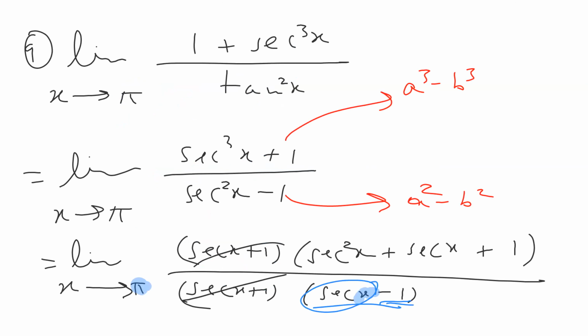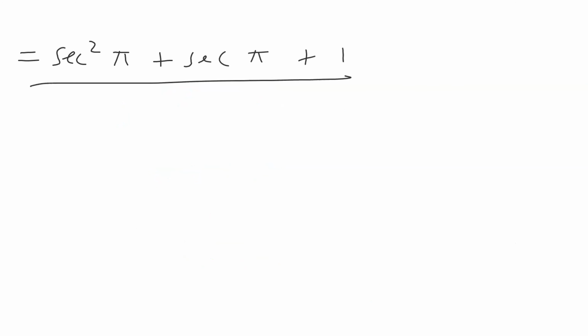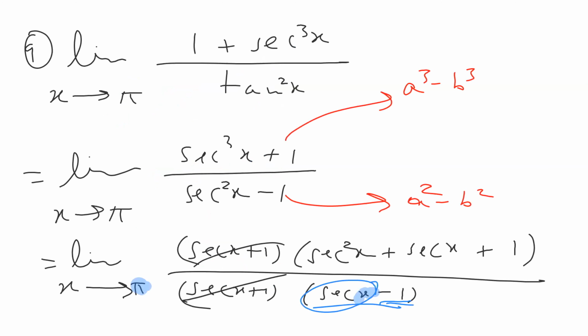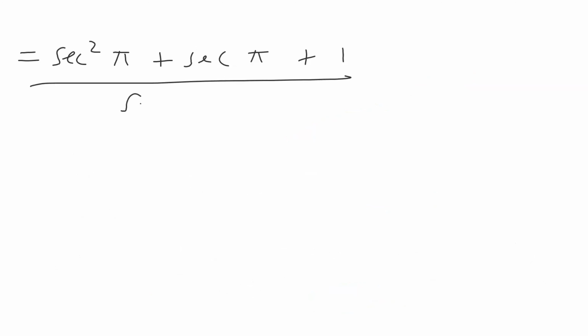So let's put the value of x as pi everywhere. So sec square pi plus sec pi plus 1 upon sec pi minus 1. Okay, just a second.